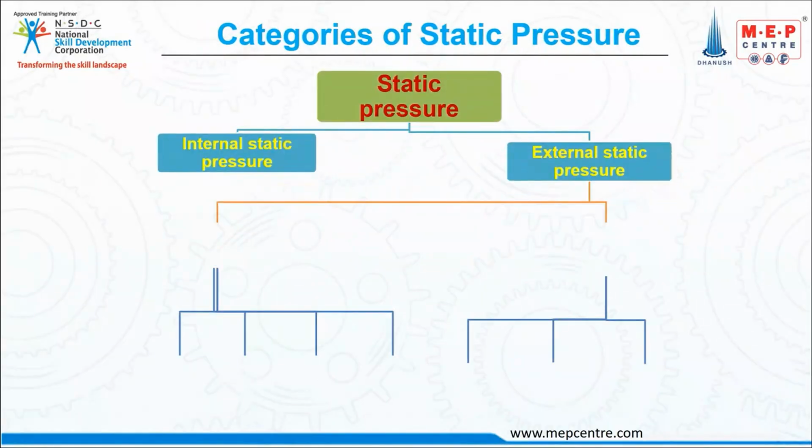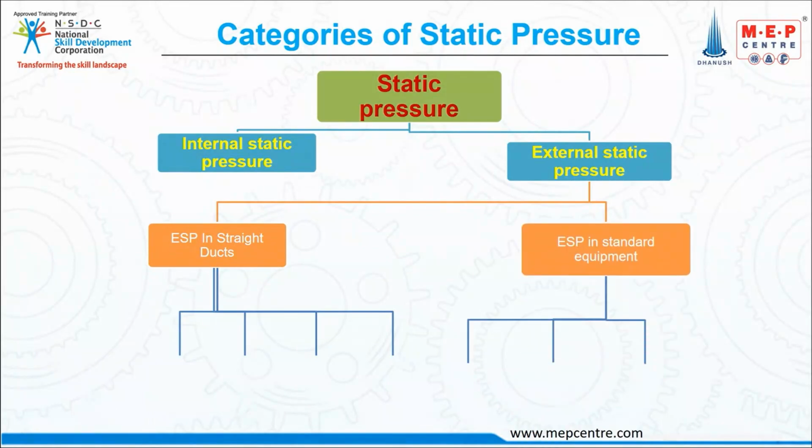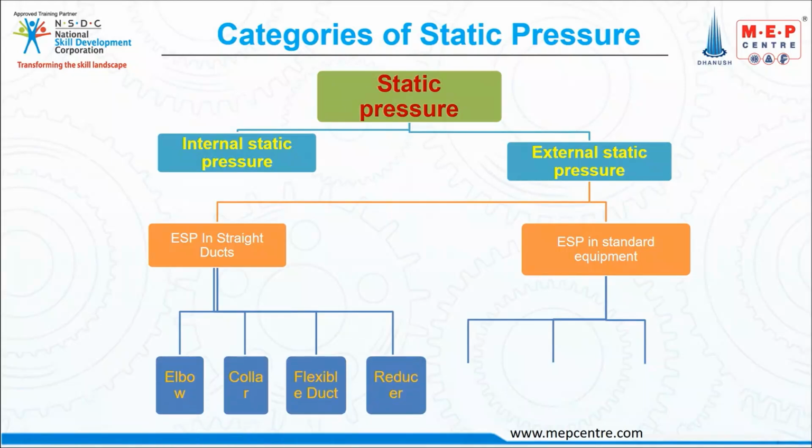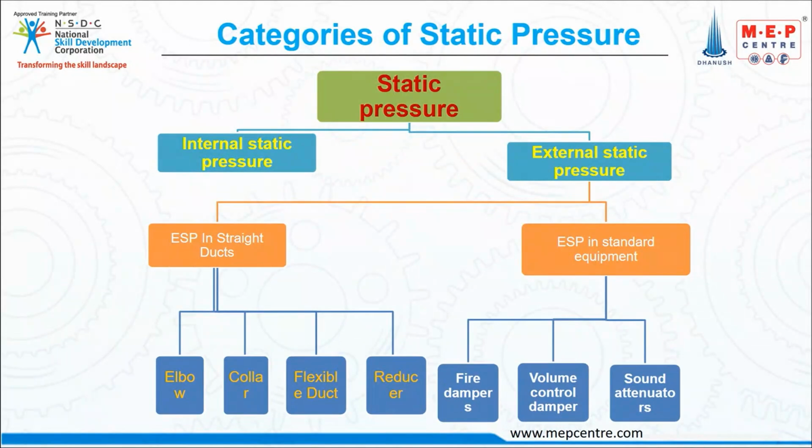So here static pressure is internal static pressure and external static pressure. External static pressure is ESP in straight ducts as well as ESP in standard equipment. Straight duct means elbow, collar, flexible duct, reducer. Standard equipment means fire dampers, volume control dampers, attenuators. All this comes as external static pressure.